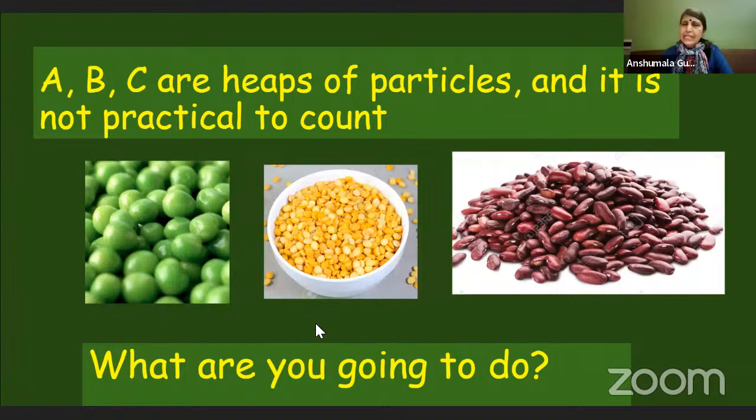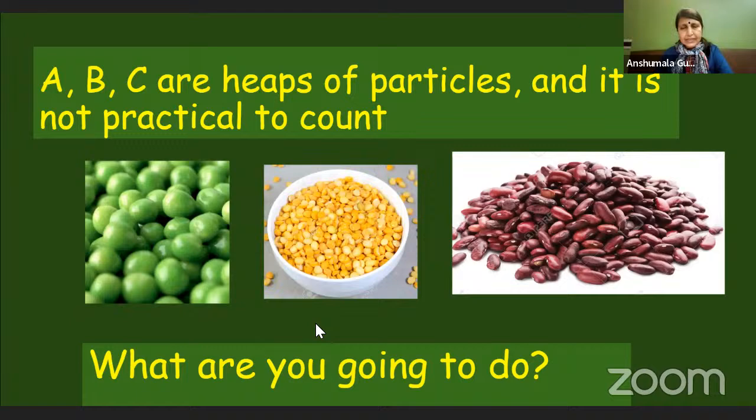So Syed Ahmed is saying taking the number of particles as X. Yes. And then what will you do? Ma'am, I think we have to compare the weight of each particle. Yeah.